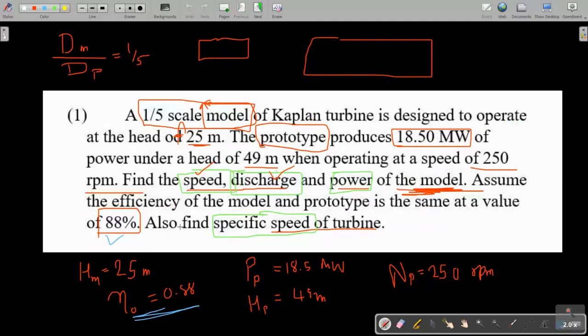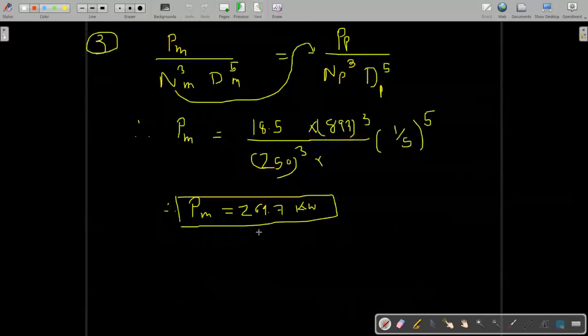We have found out basically three things, and one last thing, that is specific speed of the turbine. So for actual turbine, we will find specific speed of the turbine ns is equal to n under root p upon h raised to 5 by 4. So what is the n for actual model? Not actual model, actual prototype, it is 250 rpm for the prototype.